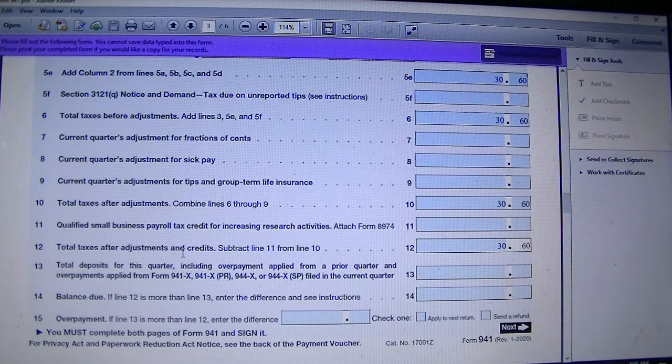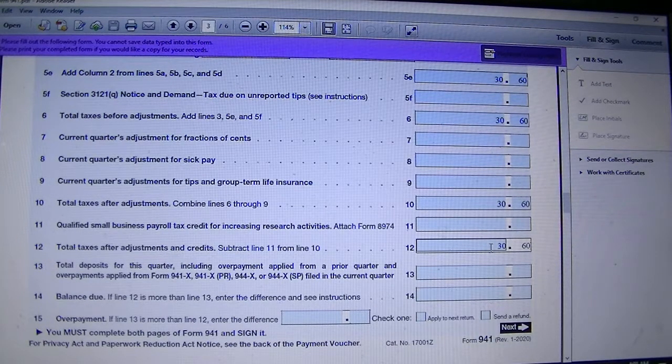So if line 12 is more than $2,500 for the quarter that you are filing, and it is more than $2,500 for the prior quarter as well, you should be making deposits using EFTPS to make electronic fund transfers.